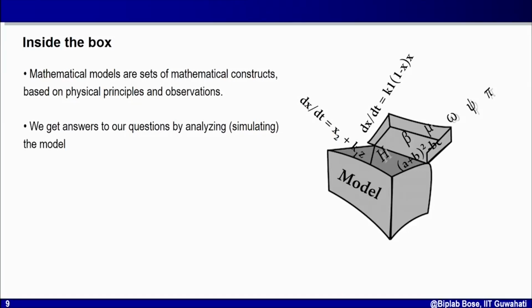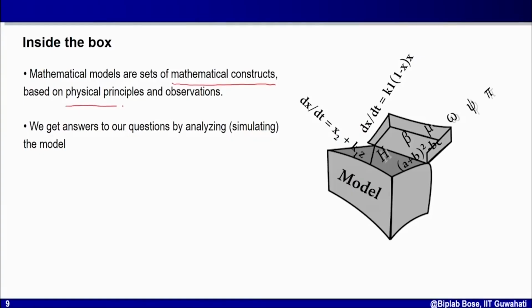Now the next question comes: then what are mathematical models? Mathematical models are actually nothing but a set of mathematical constructs. By mathematical construct I mean it may be a set of equations. For example, in the course you will learn how to write ordinary differential equations, a set of ordinary differential equations which will create our model. So a mathematical model is nothing but a set of mathematical constructs, which can be equations, relations like that.